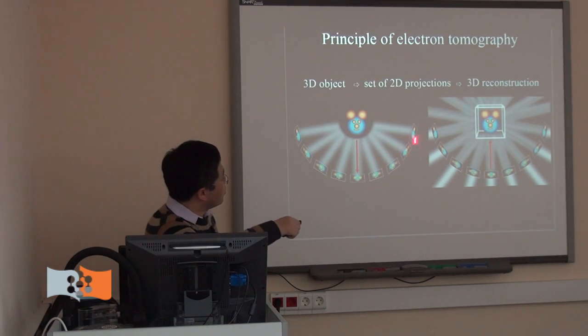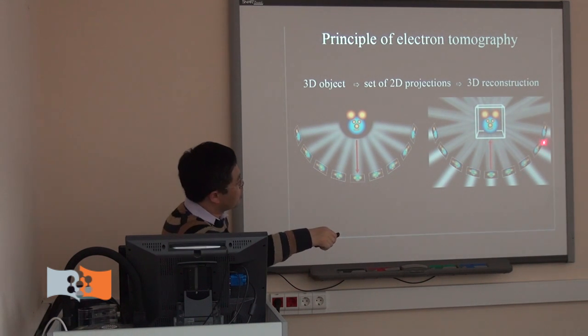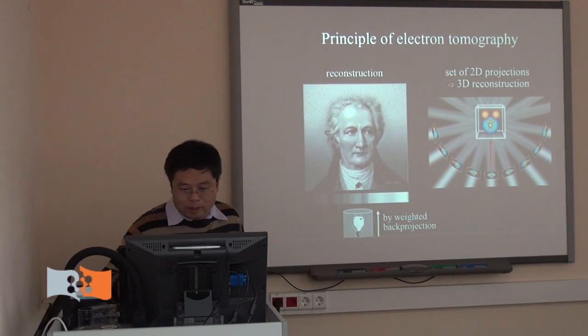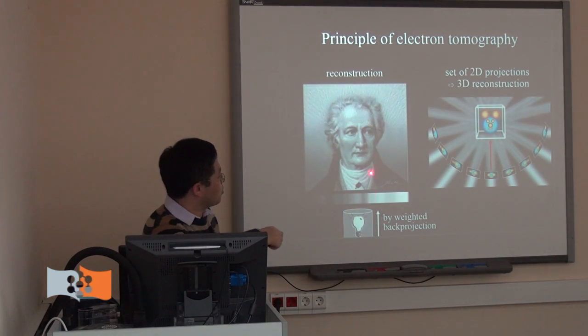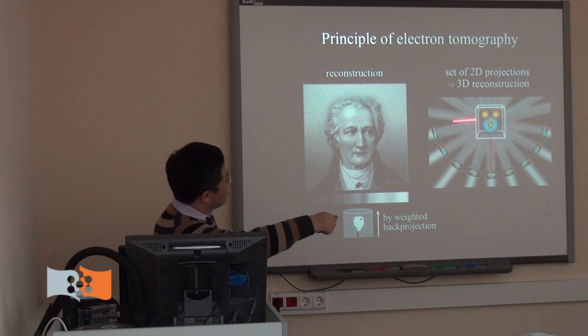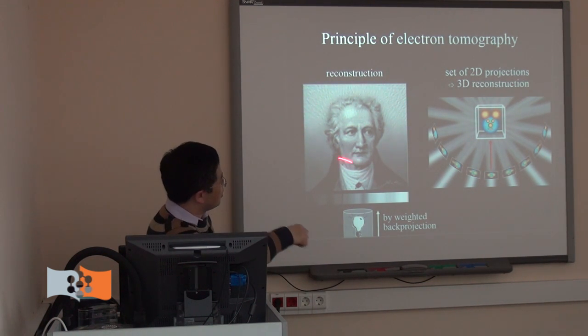Now after getting these projections, we use them to reconstruct the object. So we go from 1D to 2D projection. You get a 1D projection here, and you can get a 1D projection here at a different angle.